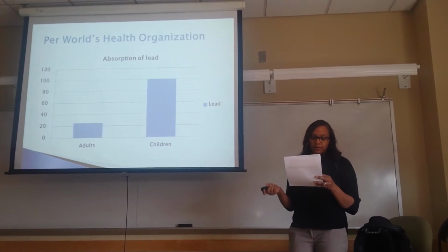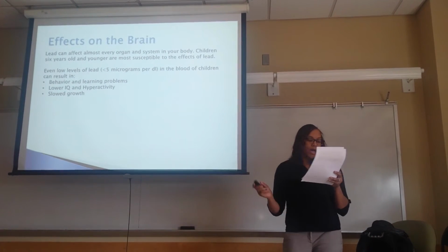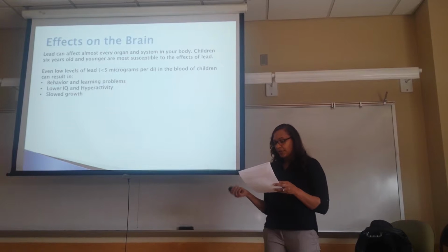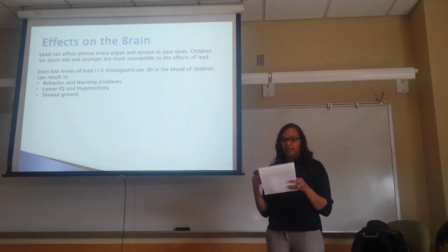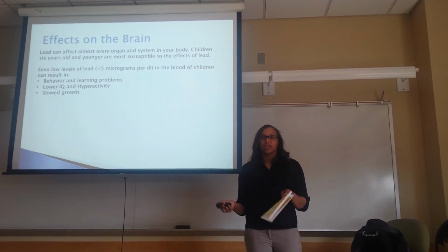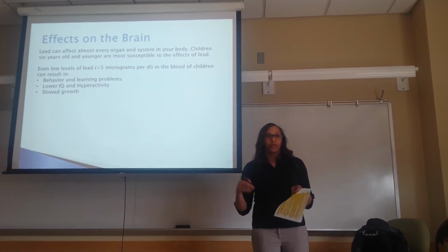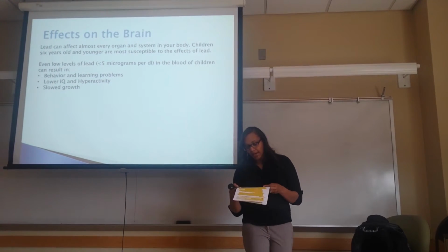Okay, so what are the lead effects on children's brains? According to the World Health Organization, lead affects children's brain development, resulting in reduced intelligence quotient, or IQ, and behavior changes such as shortened attention span, increased antisocial behavior, and reduced educational attainment.